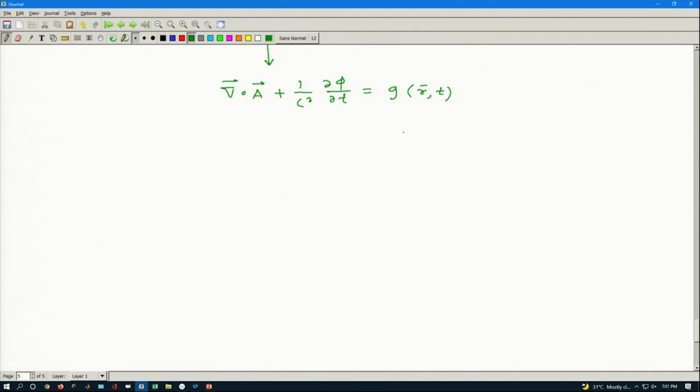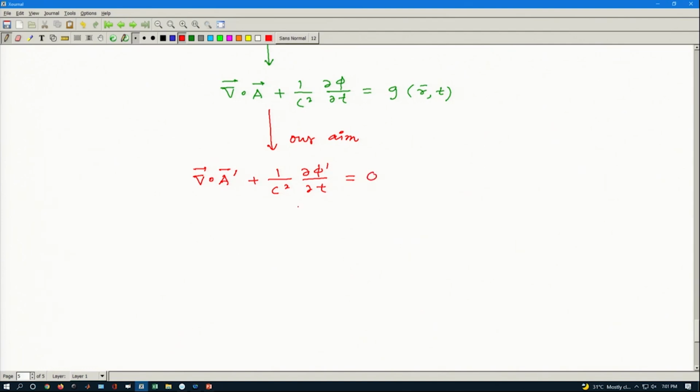Now, our aim is to find A prime and phi prime such that this condition is satisfied, the Lorentz gauge condition is satisfied.